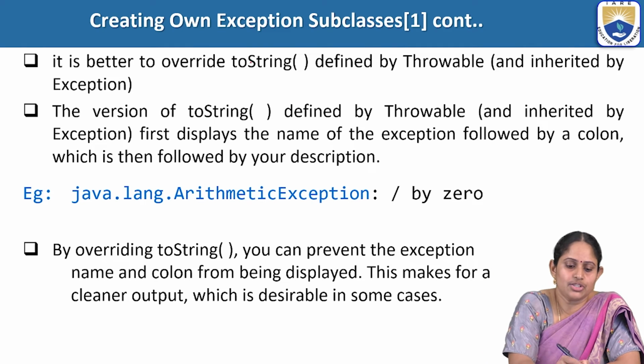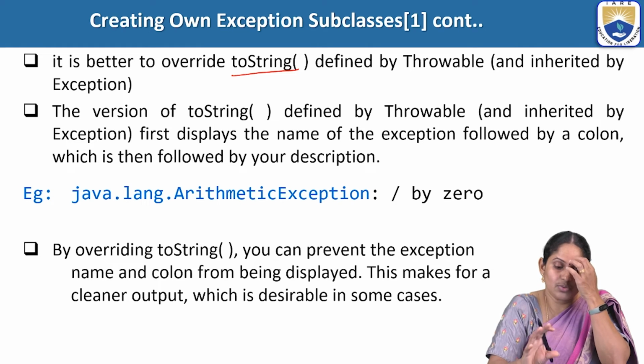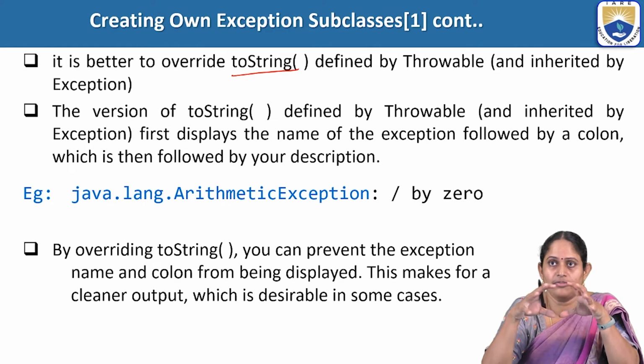Generally we override the toString method available inside the Throwable class. The toString method converts that particular object into its string format.